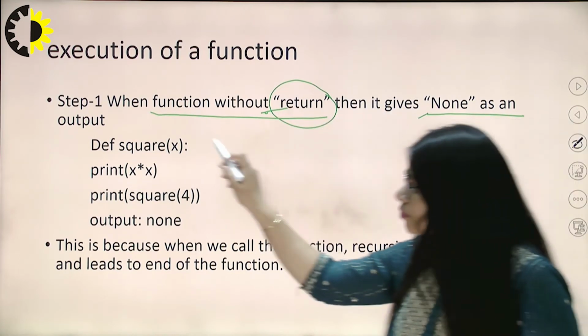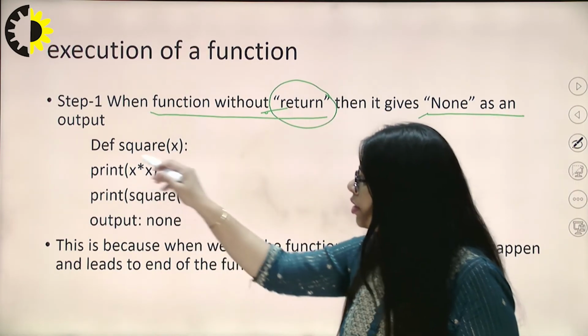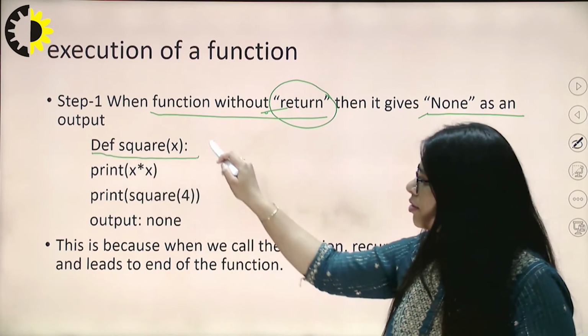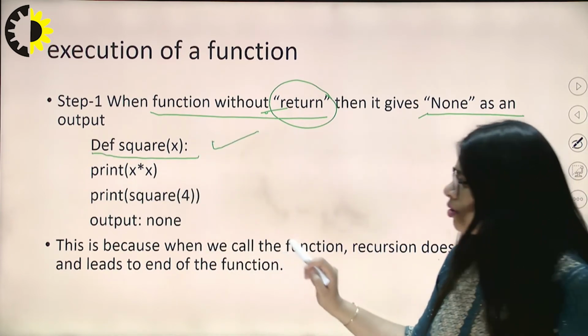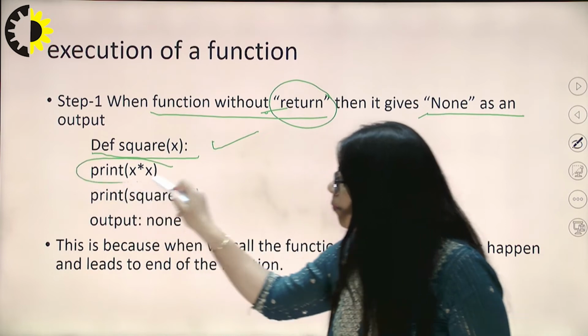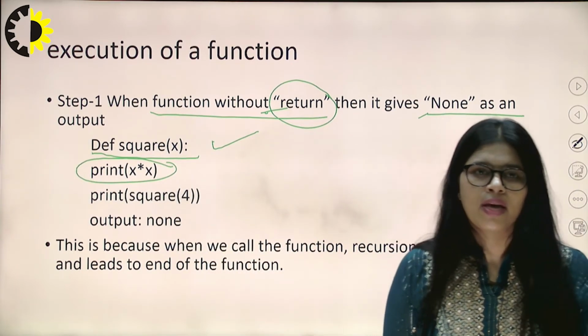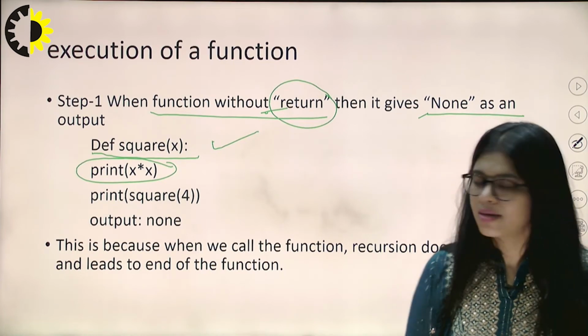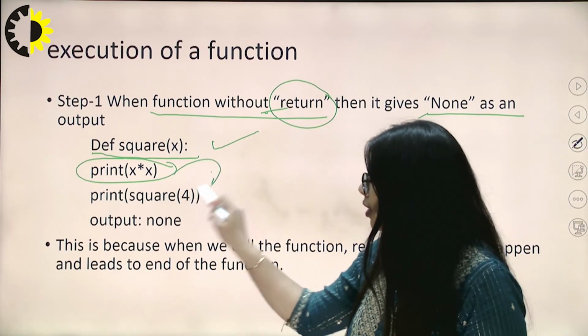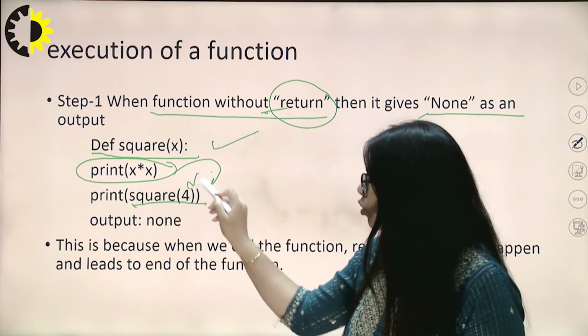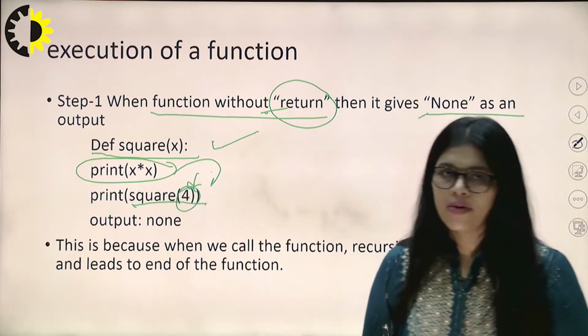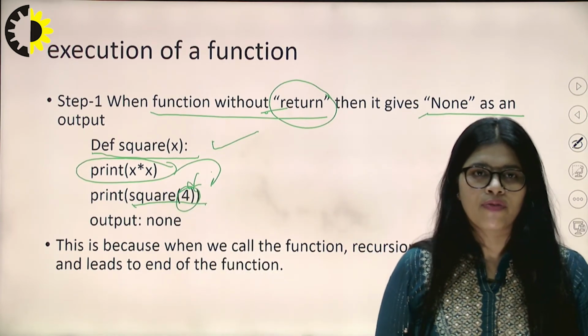Here you can see the example. def square is the definition, or creation, of a function. We have to print the square of x, like we want to put the value 4, so we want the square of 4, which is 16.